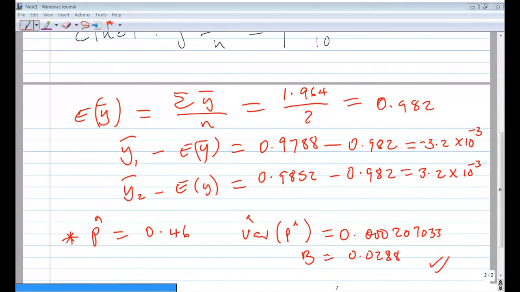Are you getting it right? Is it question 13?